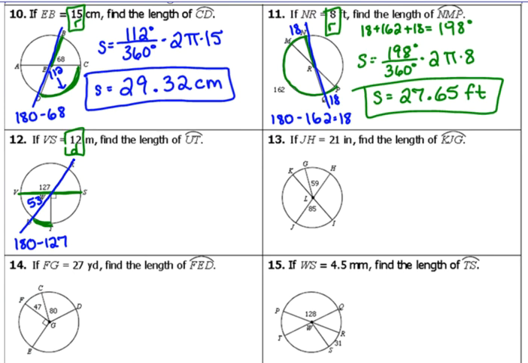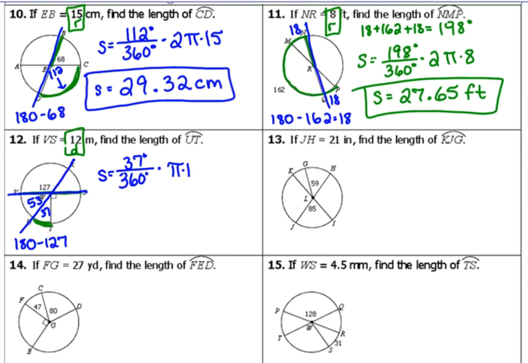Well, then we also have this diameter. So we already know 90 and 53. So we are left with 37. 180 minus 90 minus 53 should be 37. So our arc length, S equals our angle over the whole, 37 over 360, times this time we had the diameter, so we don't need the 2.